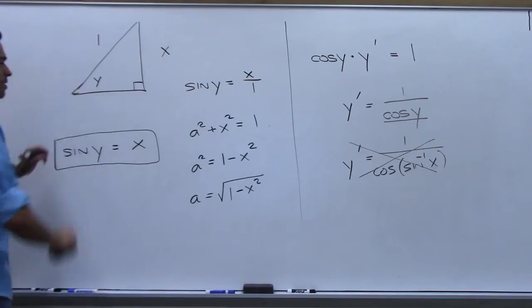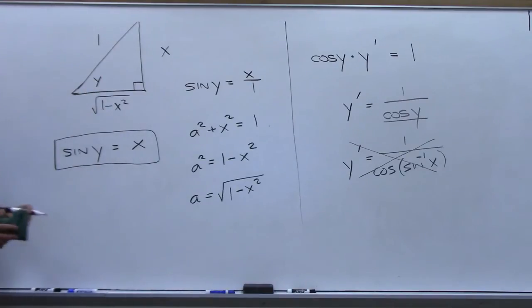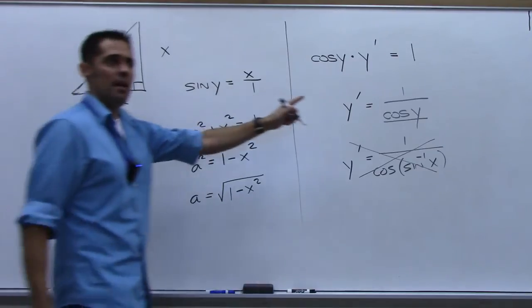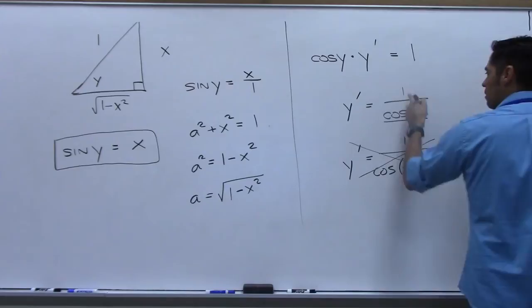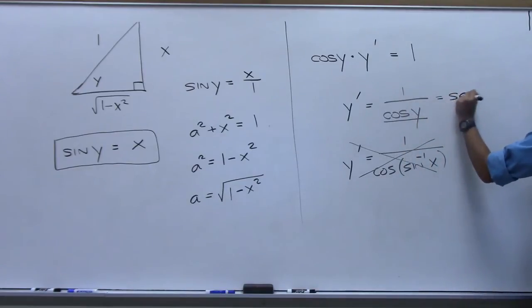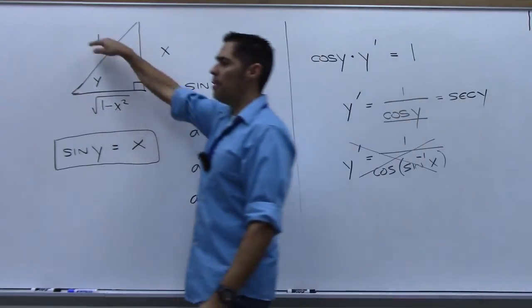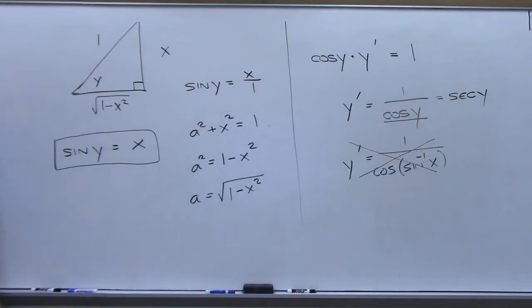Let me come back in here. I'm going to just replace it. What we want is 1 over cosine of y, which is the same as secant y. So you could just do adjacent over hypotenuse. No, that's cosine, sorry.